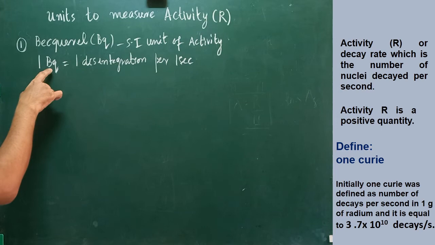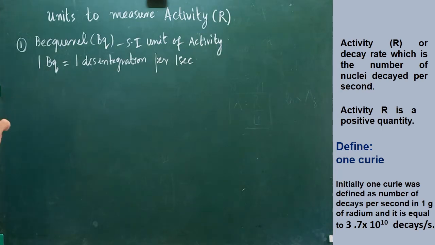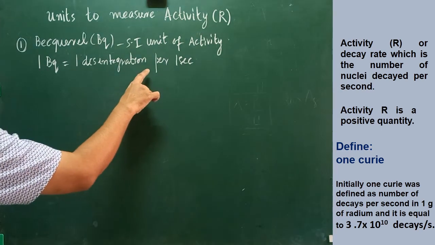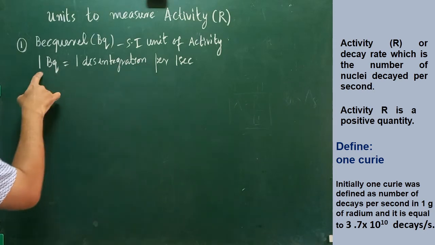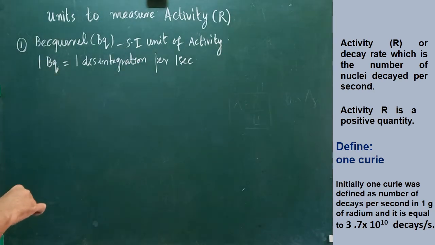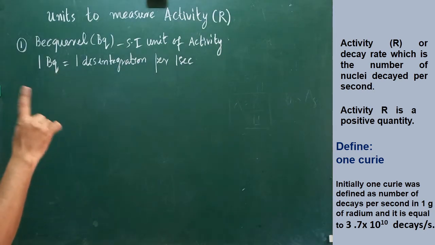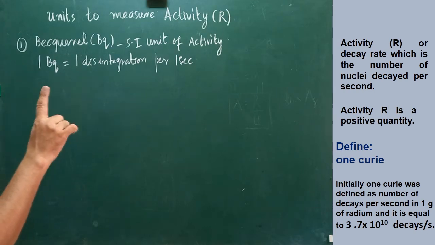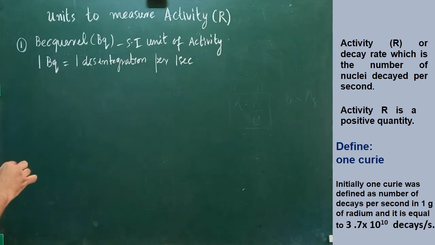So that should be measured only in terms of 1 becquerel. 1 decay per second or 1 disintegration per second is called 1 becquerel.